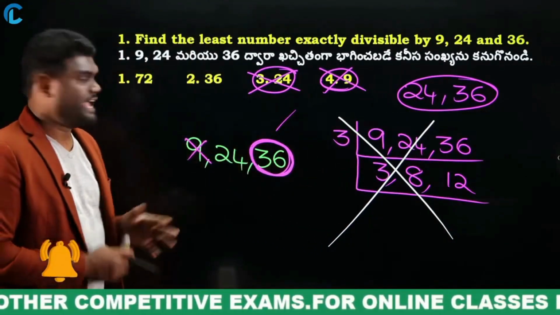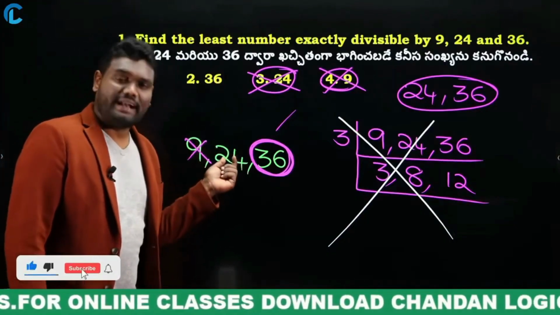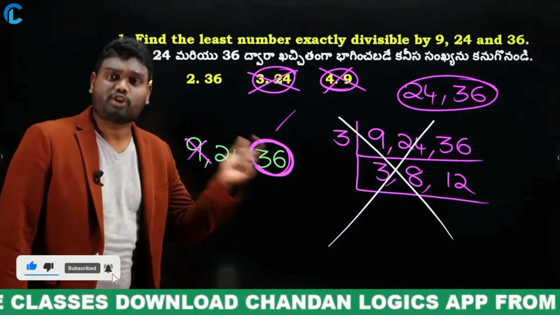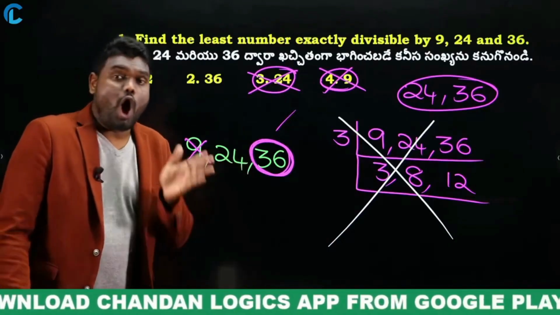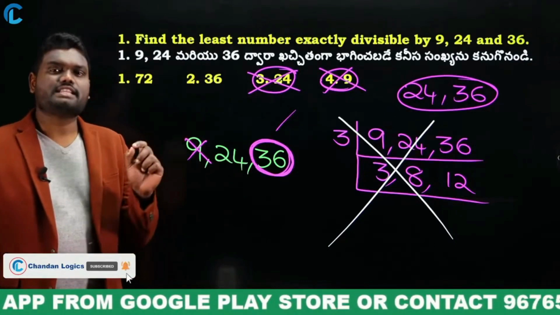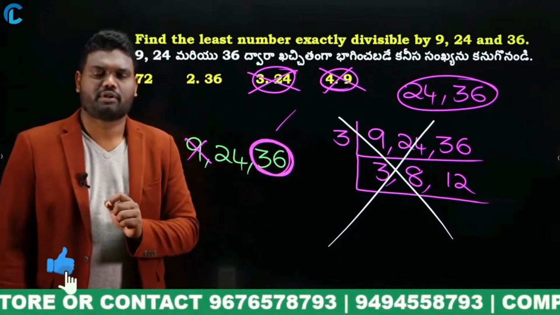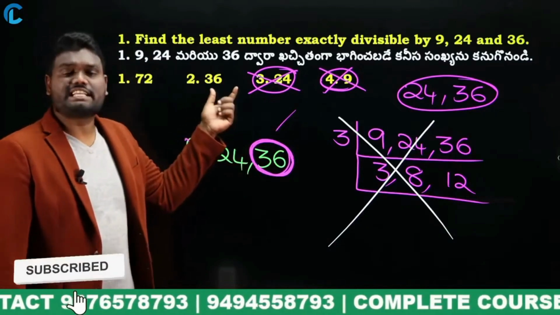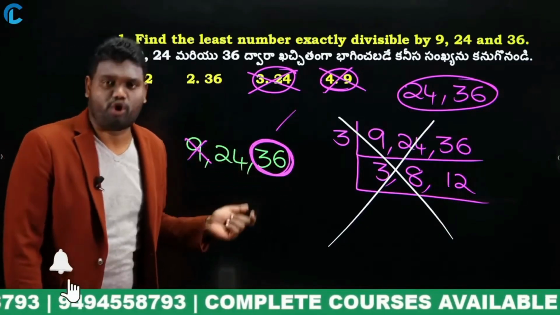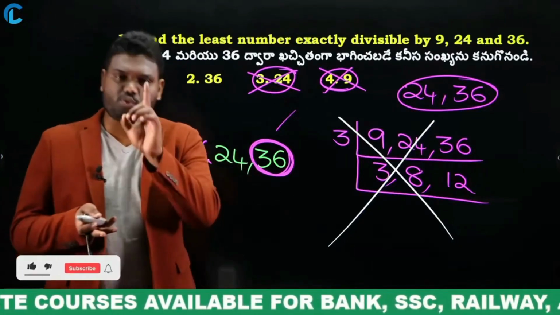Now observe carefully, if I take 36, look here carefully, is 24 a factor of 36? No. Or in other words, when I say LCM, LCM should be divisible by all the given numbers exactly. But if you observe here, 36 is divisible by 36. 36 divided by 36 means one time.